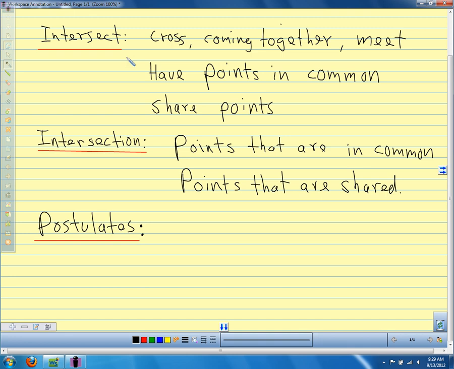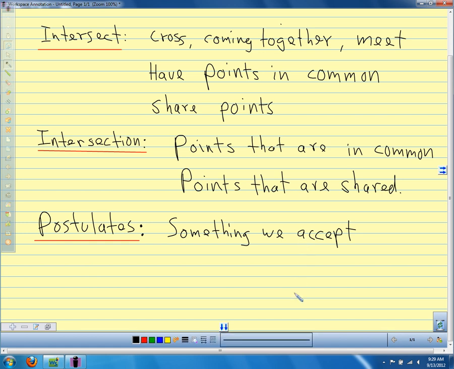All right, a postulate in geometry is something that we accept as true without proof. Sort of like faith.